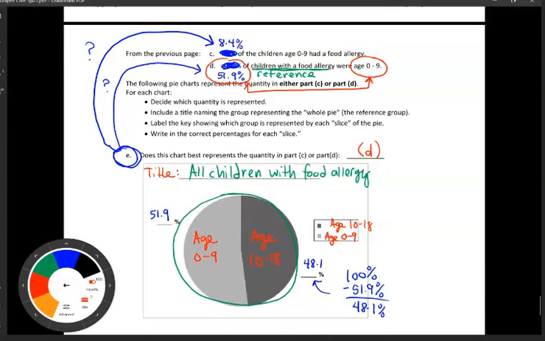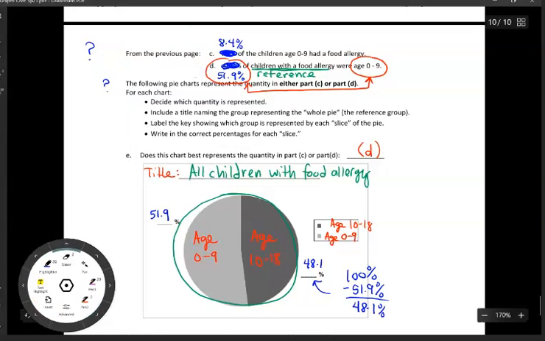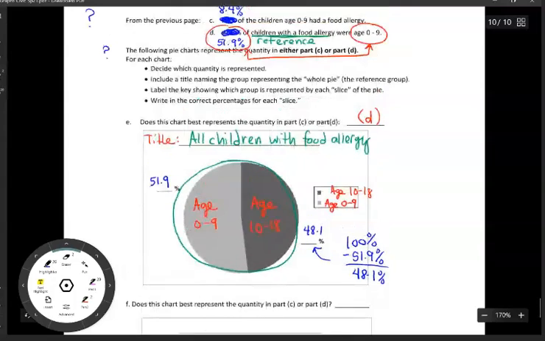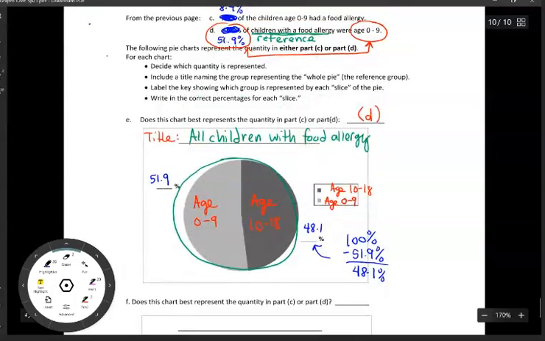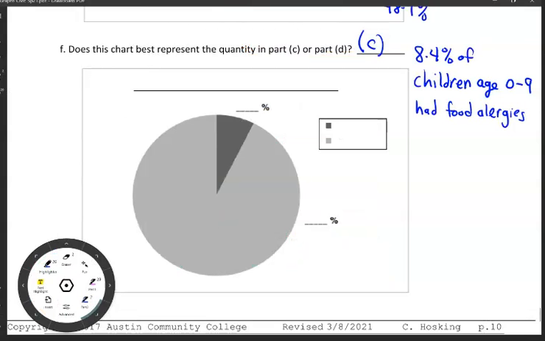So now let's try F. By default down here, F is going to represent the information from part C. And I'm going to rewrite that down here, just so I don't have to scroll back up there. Okay. And this makes sense, right? I have this little slice of pie here.